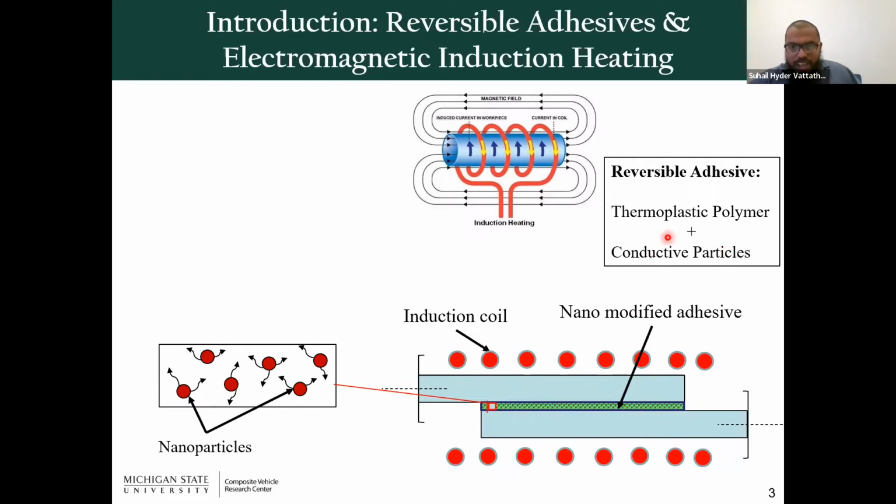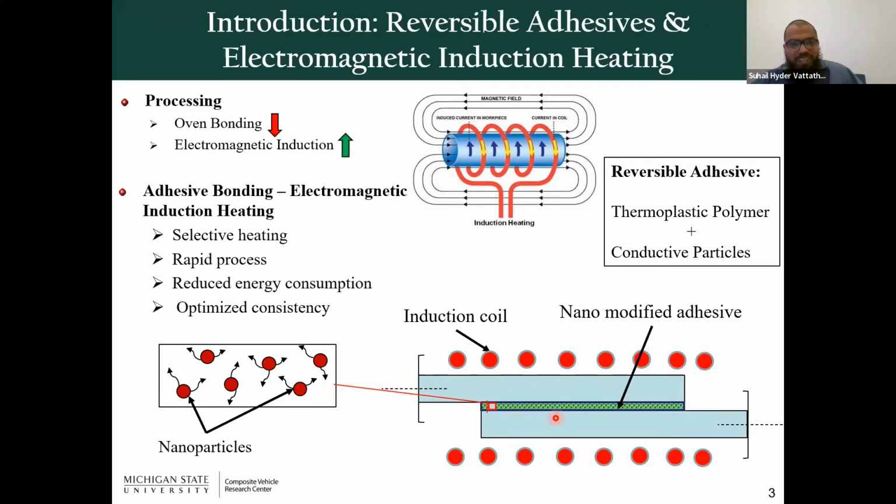If I have conductive particles reinforced within the thermoplastic polymer, then each of these nanoparticles will act as nanoheaters and heat the surrounding polymer, and eventually the polymer will melt and flow between the two substrates, and we can bond them. So that is the concept of electromagnetic induction heating.